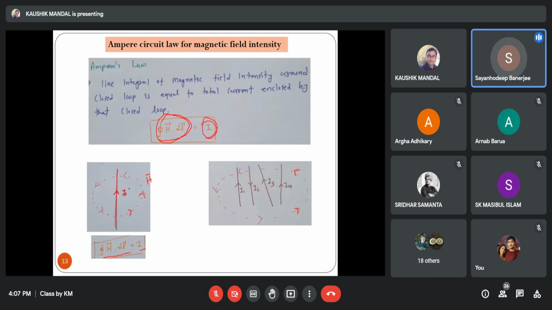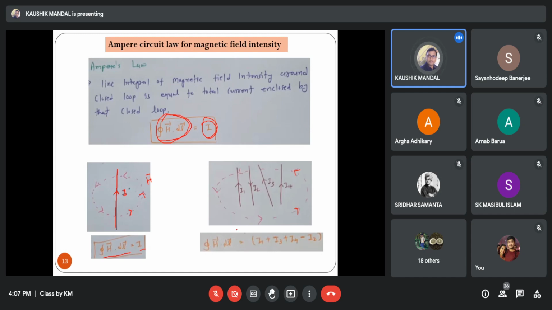So is it the summation of all currents? Meaning I1 plus I3 plus I4 minus I2. Yes, it will be the summation of all currents enclosed in this particular closed loop. As I2 is in the opposite direction, it will be minus only.